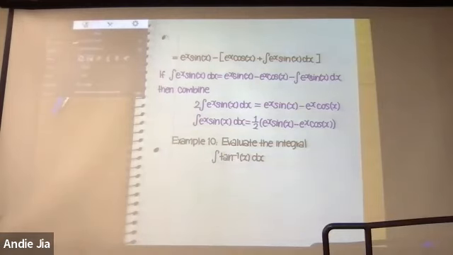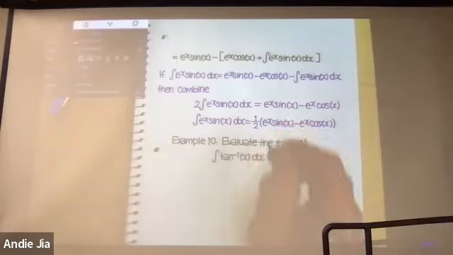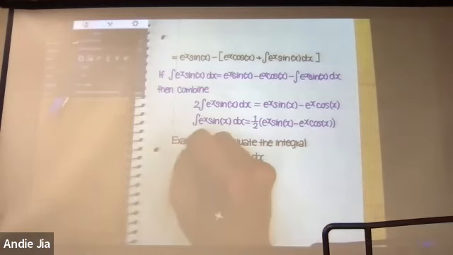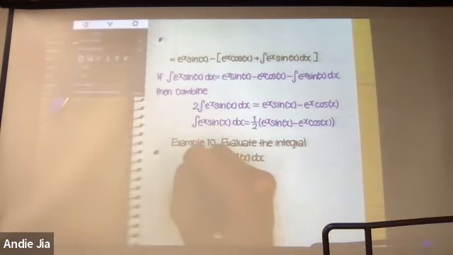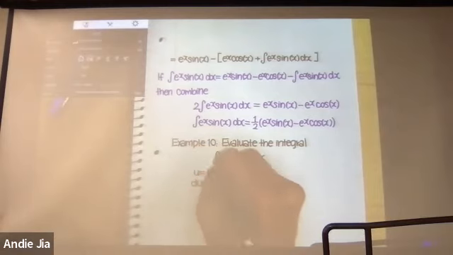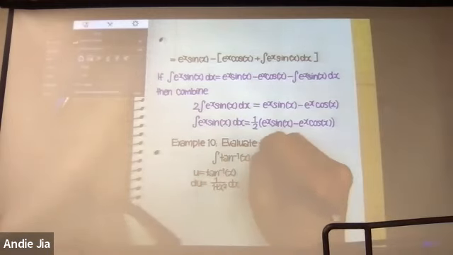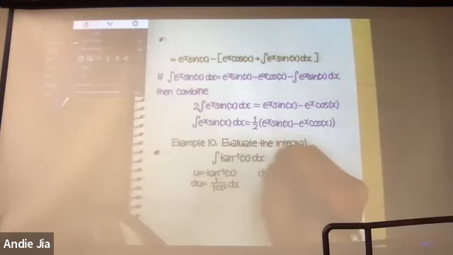For this kind of part, we can let the u go way nicer. In this part, you can pick the choice: u is the inverse tangent of x, du is 1 over 1 plus x squared dx, dv is dx, v equals x.